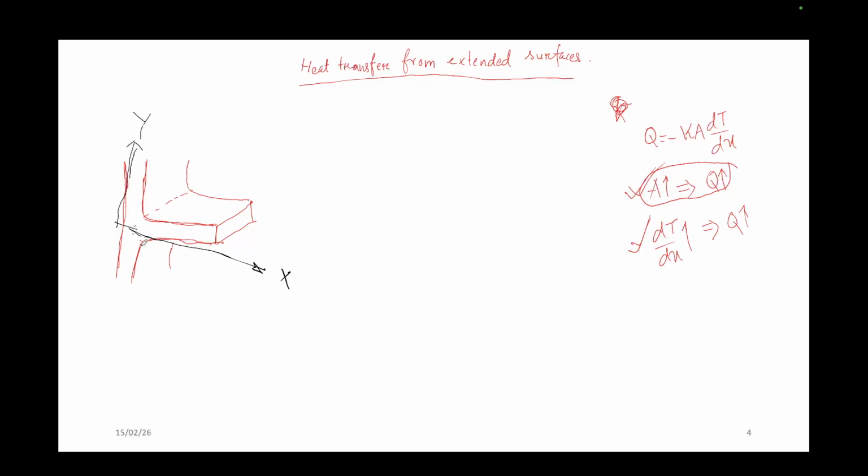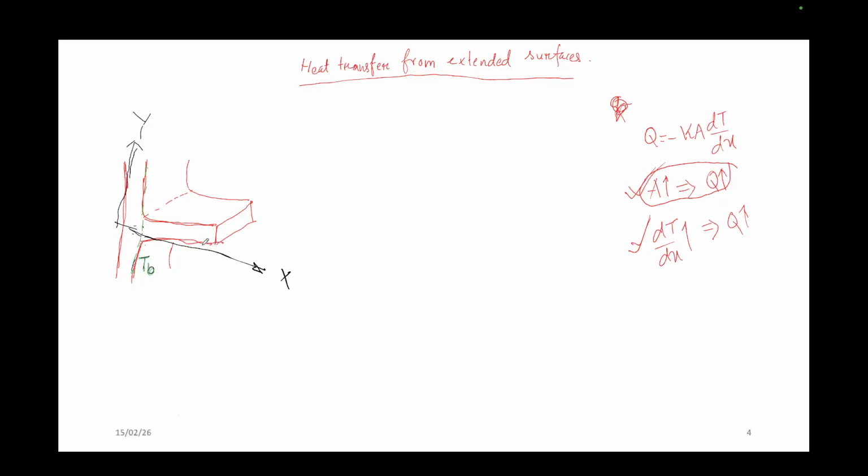If you talk about this plate, let us consider this plate is at a temperature T_b. I have kept the plate at a temperature T_b. Say I draw with a green line. At each point on this green line, the temperature is T_b. So this is the temperature of the base surface.